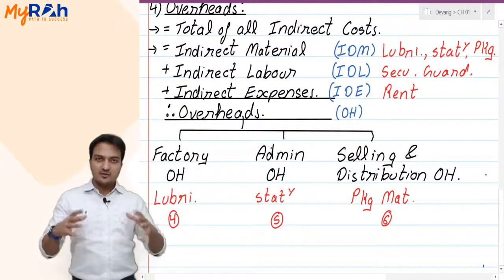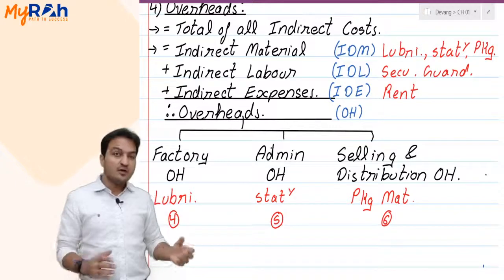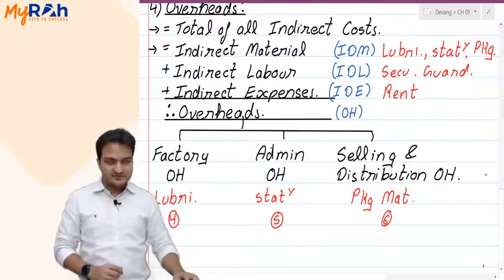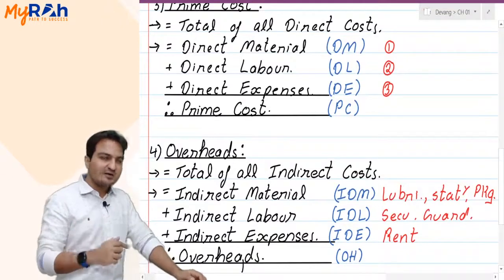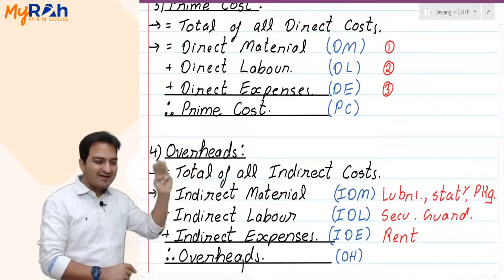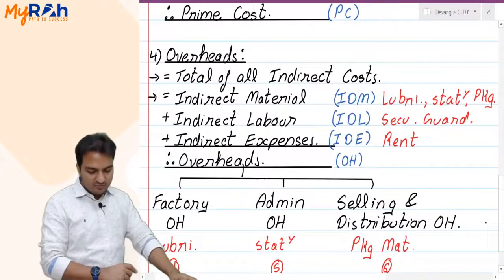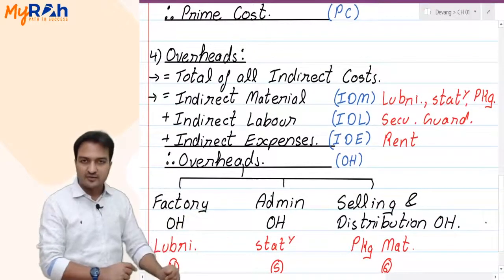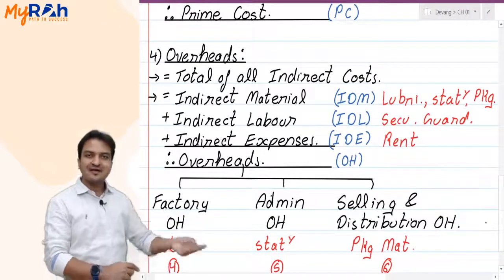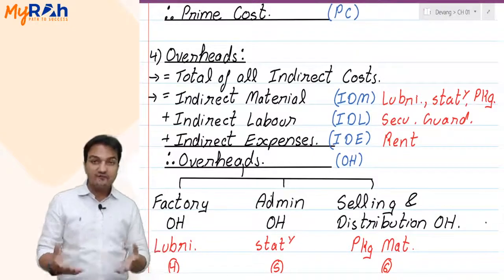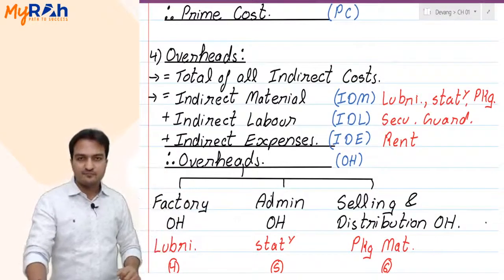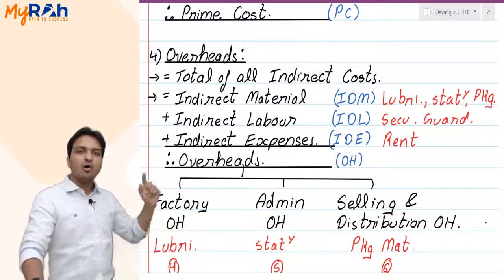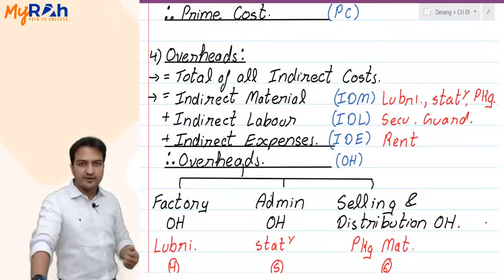So ultimately, these 6 items of cost: if I consider the direct costs as direct material, direct labor, direct expenses, the first 3 items, and factory overheads, admin overheads, selling overheads, the last 3 items, then don't you think that these 6 items eventually cover all components of cost that I gave you here? Yes, these 6 items are covering all the components of cost that you saw here.